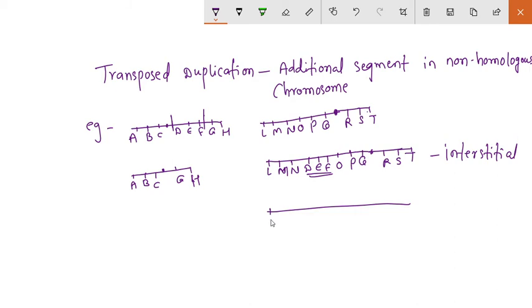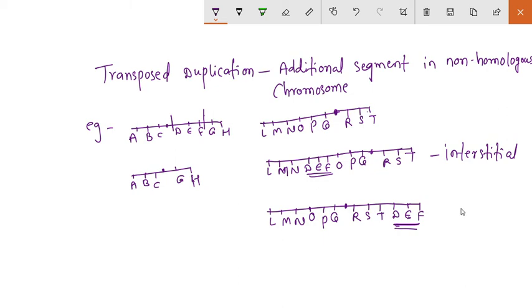Terminal means, suppose L, M, N, O, P, Q, R, S, T, D, E, F. So this additional segment is at the terminal position.